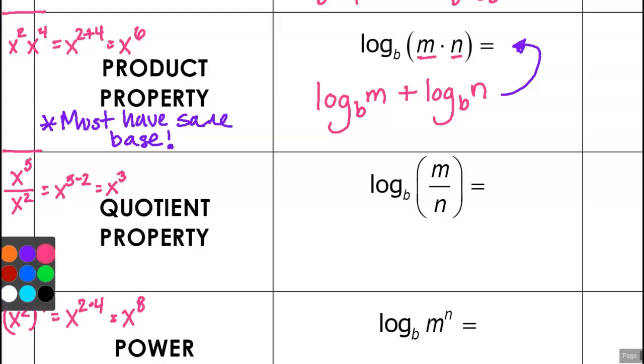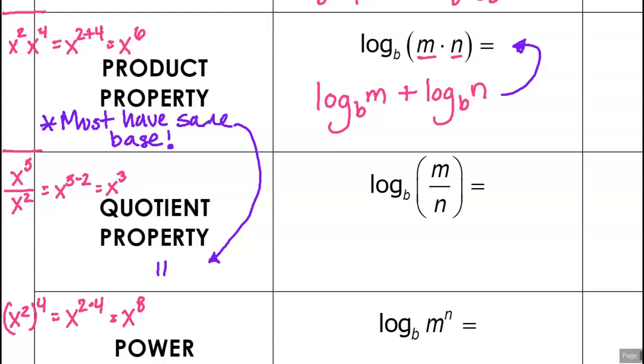Again, in order to do the log version of this problem, you must always have the same base. All right. So the log version of this property is similar. If we have two arguments being divided, we can expand this into two logs by subtracting our arguments.